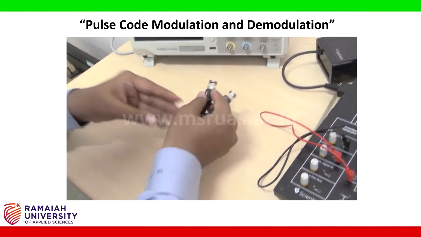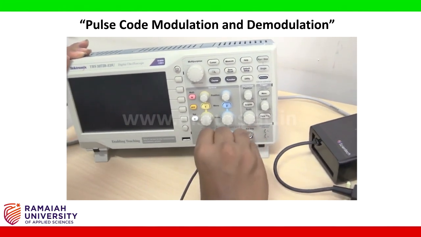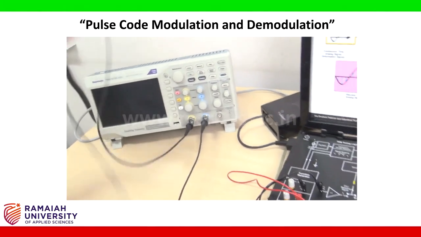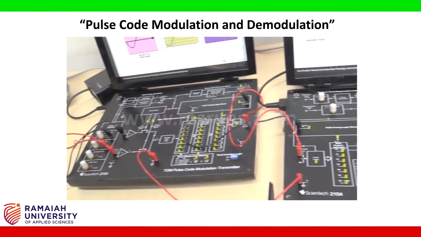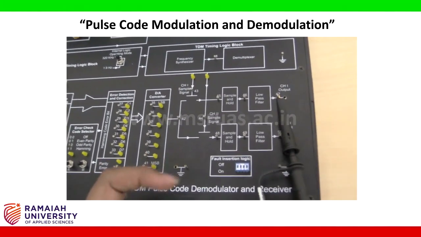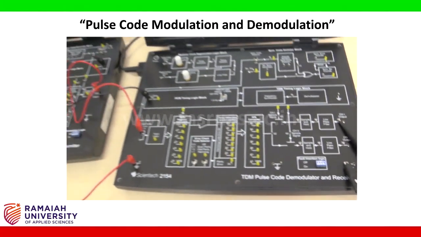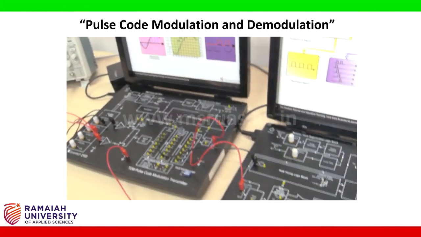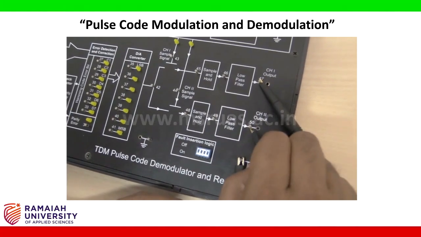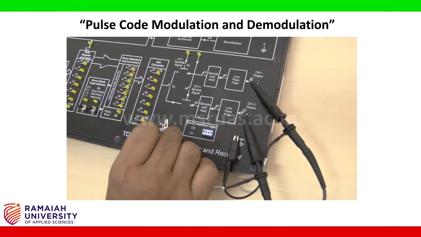Take the connecting probes for channel 1 and channel 2 of the oscilloscope. Connect the channel 1 probe to the output of channel 1 and the ground, and the channel 2 probe to the output of channel 2 and the ground.